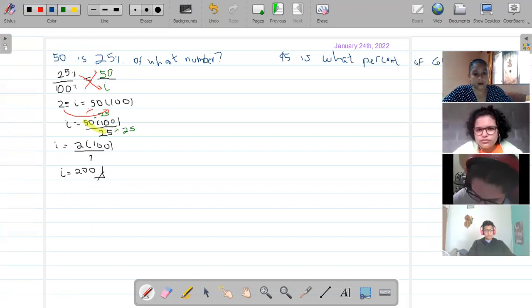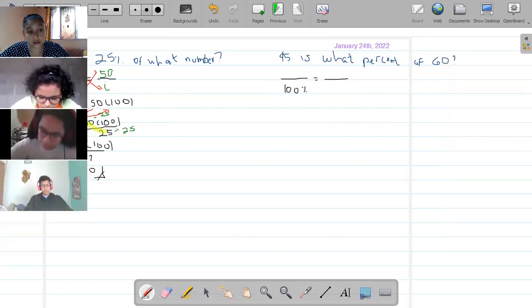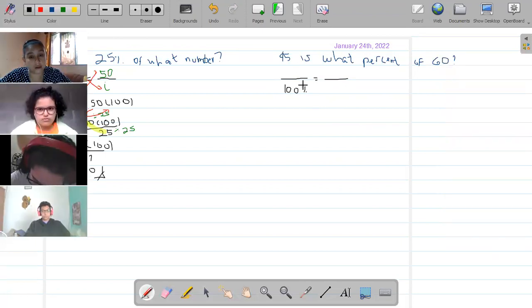So 45 is what percent of 60? Again, always the 100 goes over here equals to another fraction. On top of the 100, we will always have to place whatever percent is given on the exercise. Do we have any other percent given on the exercise? No. So that means that we're going to place the variable there.